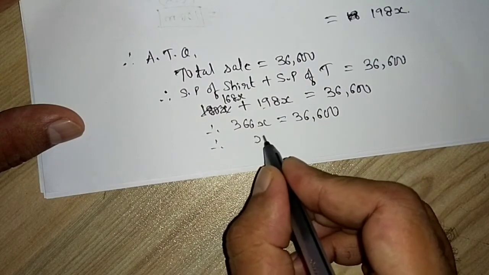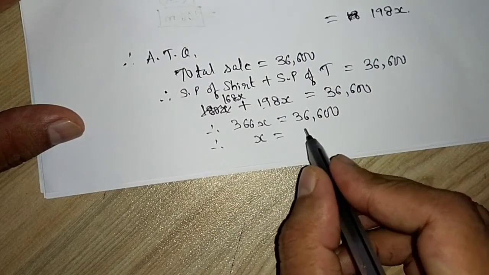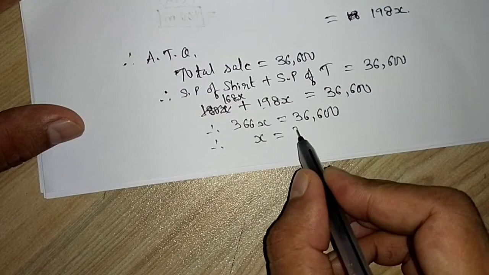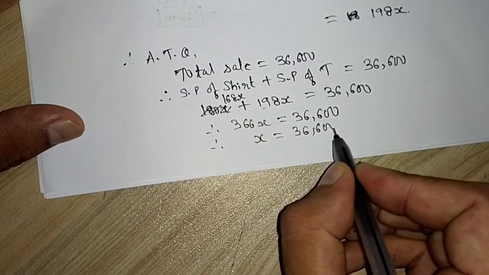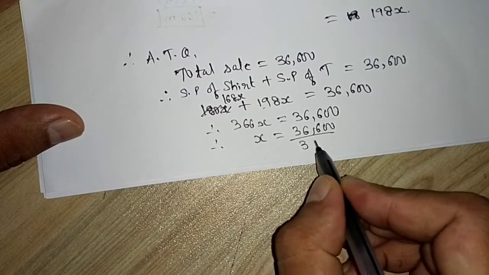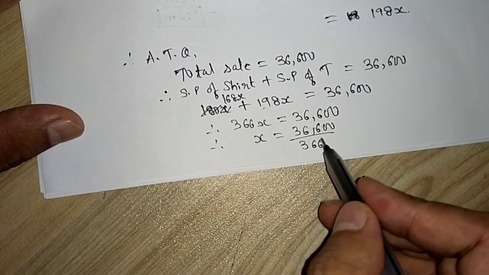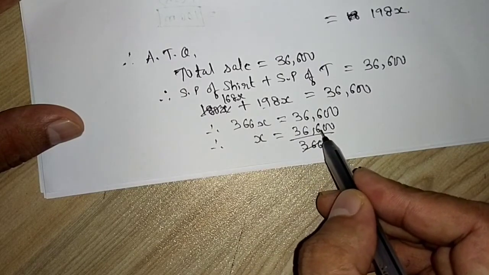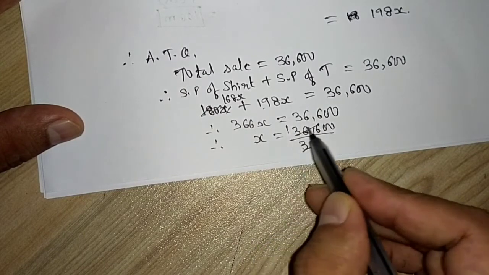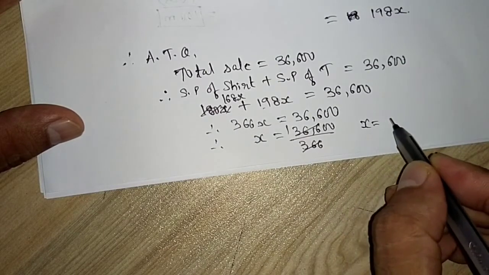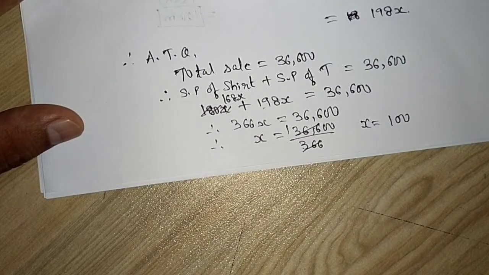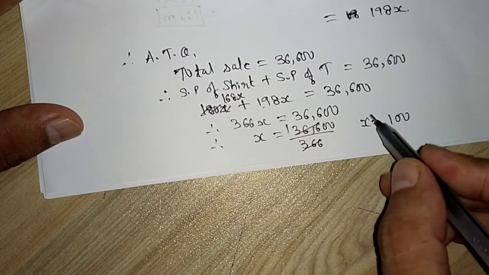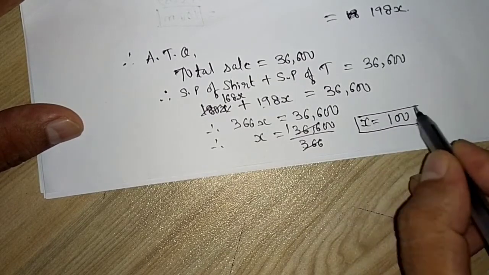We want x, so we will divide by 366. So we will get 36,600 divided by 366. So our x is equal to 100. This x is equal to 100.